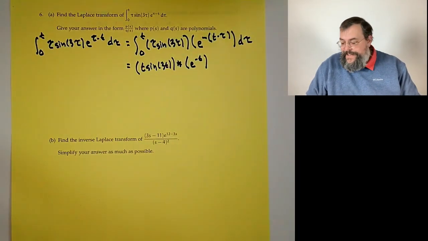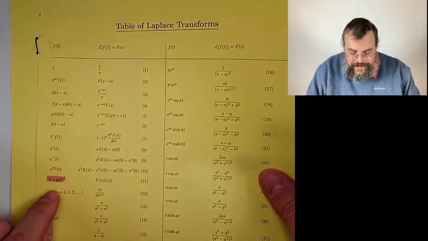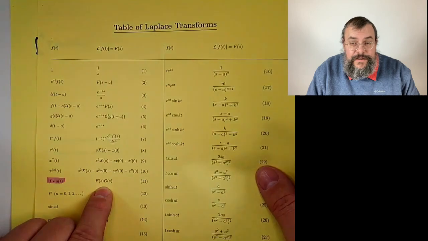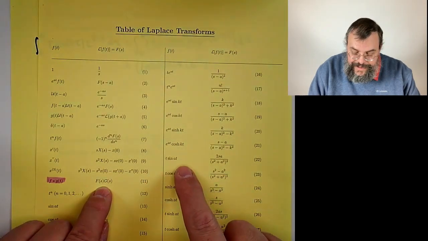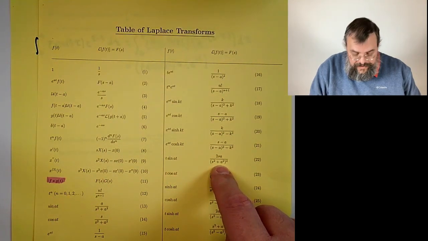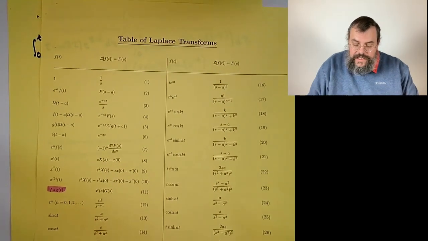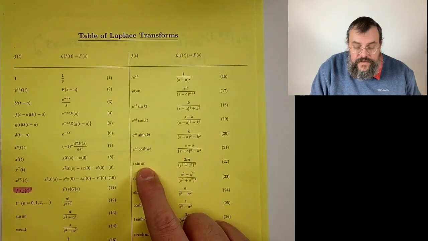Now, here's the great thing. If we go back to our table for just a second, if we have the convolution, it says take them each individually. Do we have t sine 3t? Yes, we do. Do we have e to the minus t? Yeah, it's down here at the bottom. So, t sine 3t, that's a equals 3.